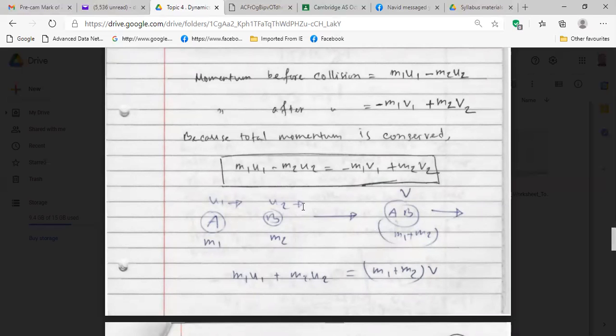So done. Okay, very good. The second equation also done. Yes, sir. Very good. So we are done till here. Today this much.